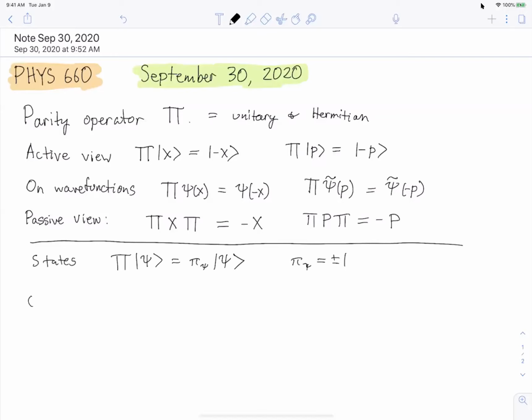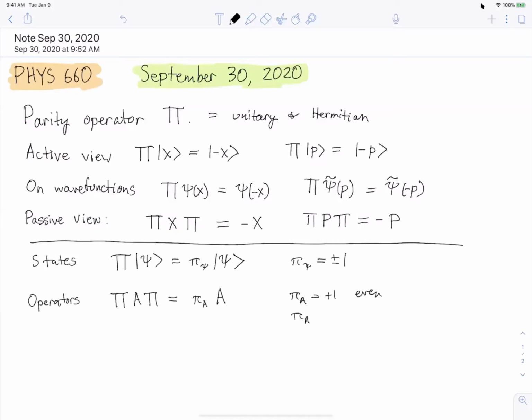And similarly for operators, it may happen for an operator A that pi A pi is equal to either plus or minus 1 times A. So again, I'm going to call the number that goes there pi sub A. If pi sub A is plus 1, then the operator is said to be even.